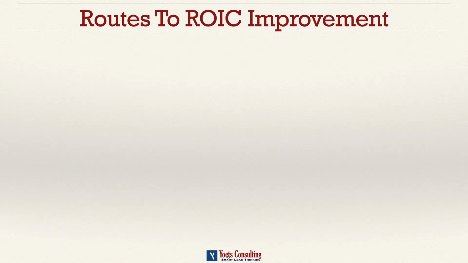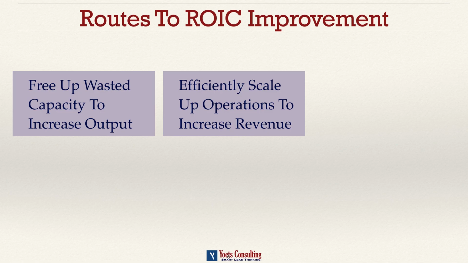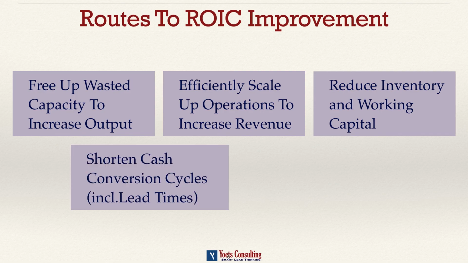So what are the routes to ROIC improvement? How can we go about improving the ROIC? First of all, free up wasted capacity in your operations to increase the output. Secondly, efficiently scaling up operations to increase the revenue will obviously improve your ROIC. Reducing the inventory, working capital, etc. can help.